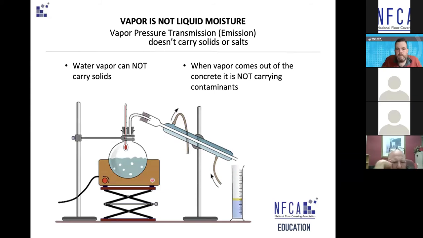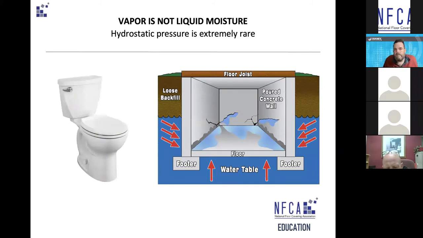The two things that are often blamed for floor failure are vapor pressure and hydrostatic pressure. And generally the strength of those pressures is too small to affect a good adhesive. So here I've done a slide about hydrostatic pressure.